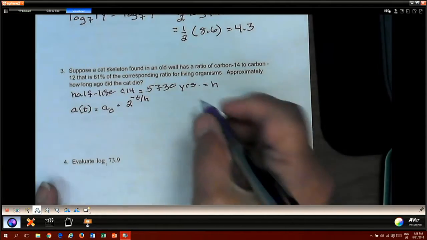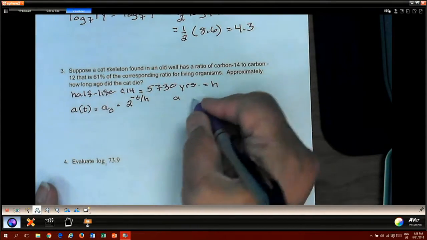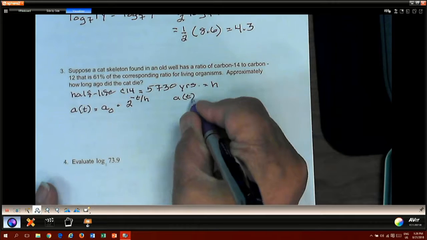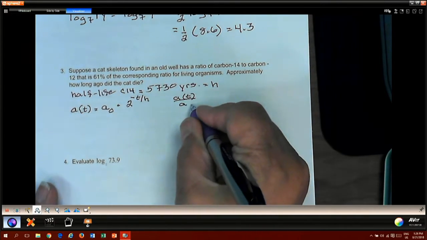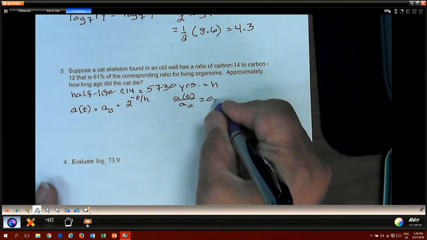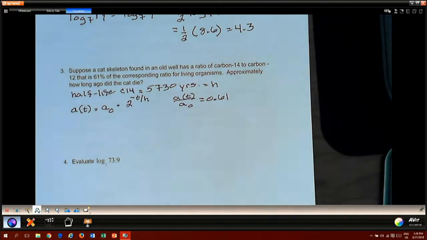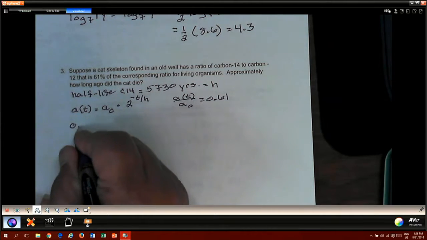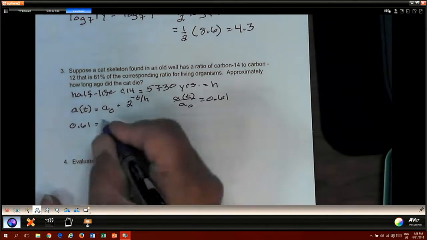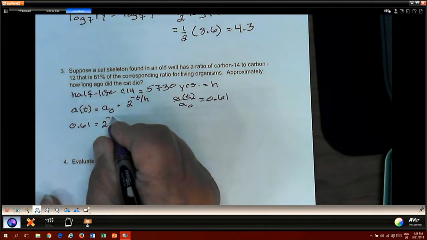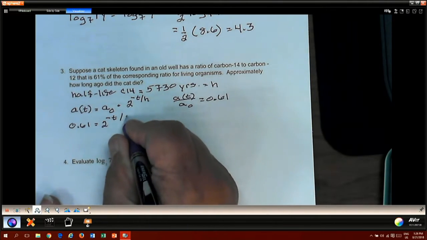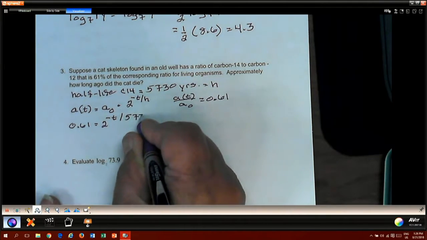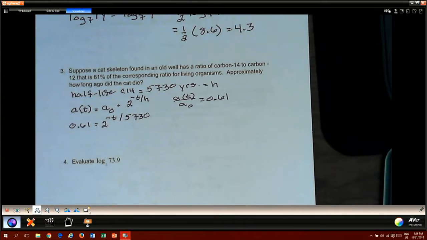We know that A of t over a sub 0 is 0.61. So then 0.61 equals 2 to the negative t over 5,730.